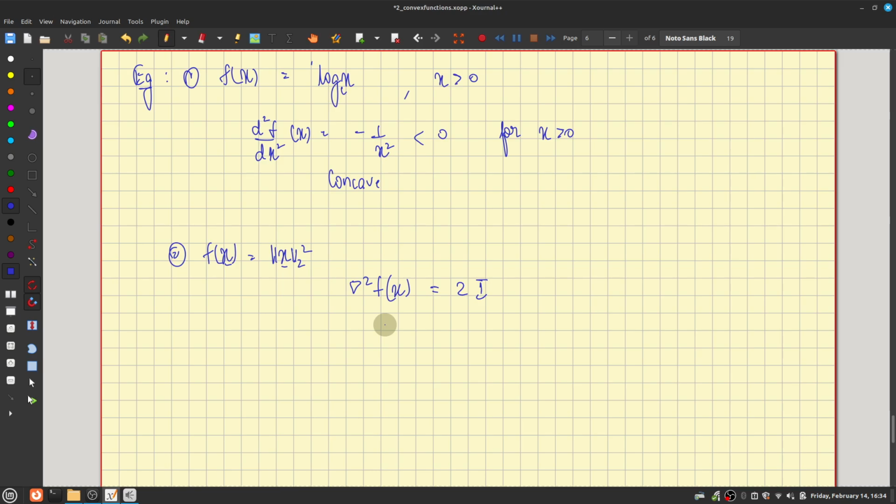So it's a diagonal matrix with all entries equal to 2. And it is positive definite, because what are the eigenvalues of 2I? 2 repeated n times. So this is positive definite and therefore strictly convex.